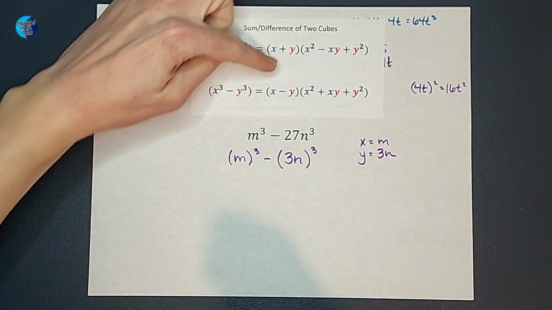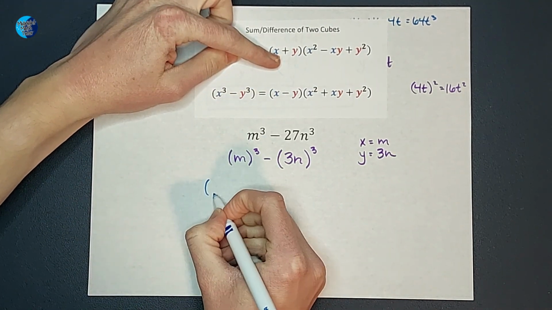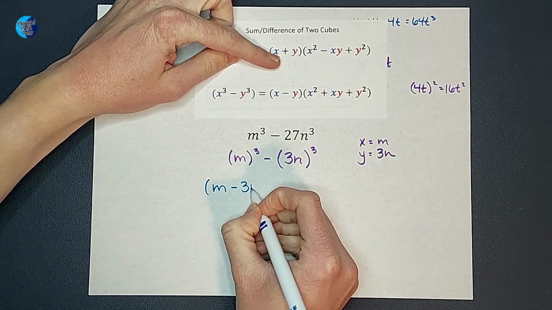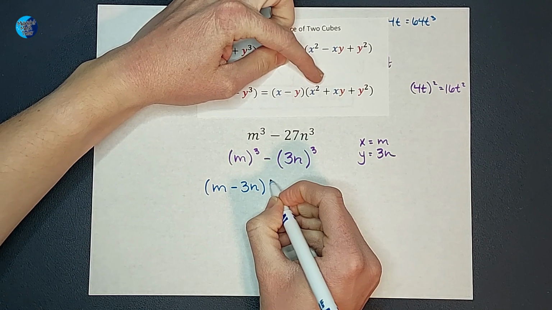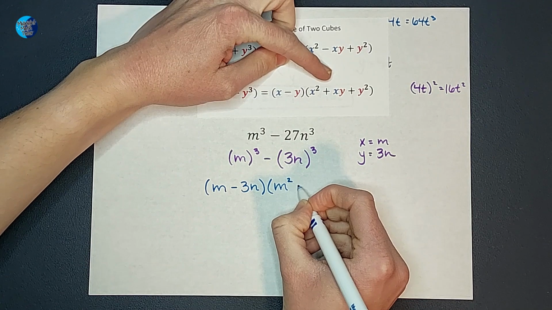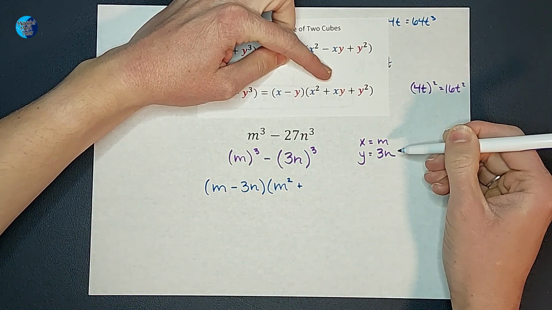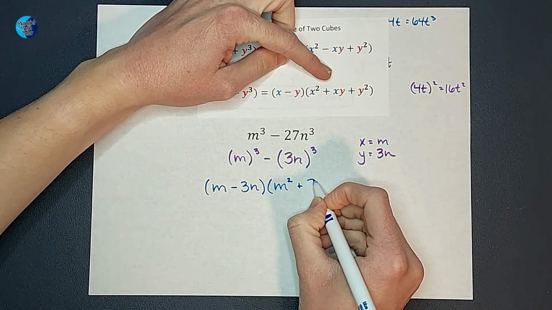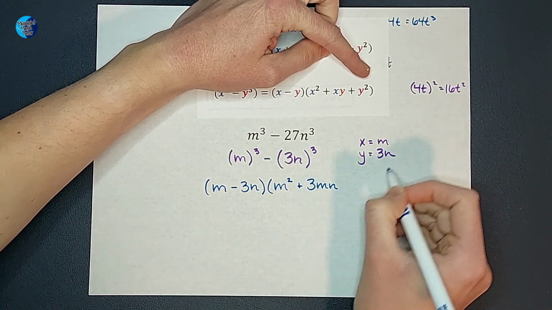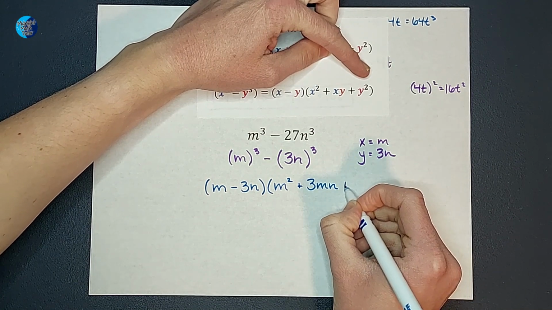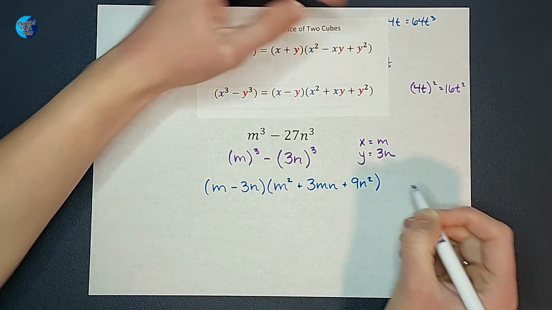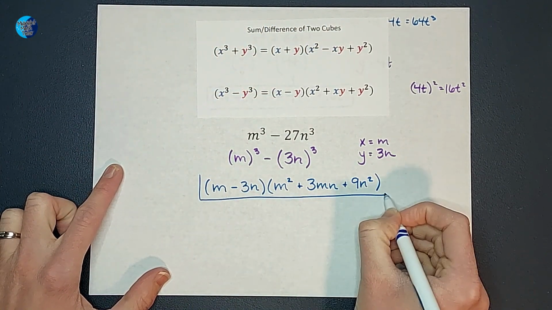So I'm going to have x, which is m, minus y, so 3n, times x squared, which is m, so m squared, plus x times y, so m times 3n. I'm going to write it as 3mn, plus y squared, so 3n squared is going to be 9n squared. All right, there we go.